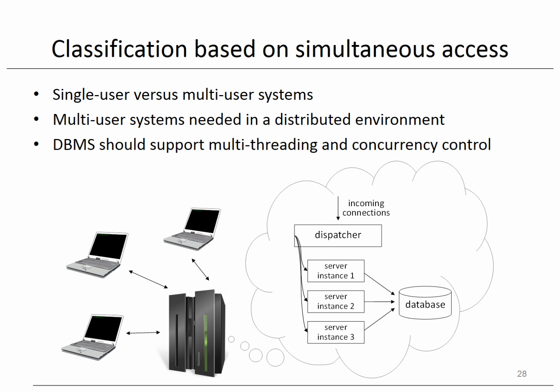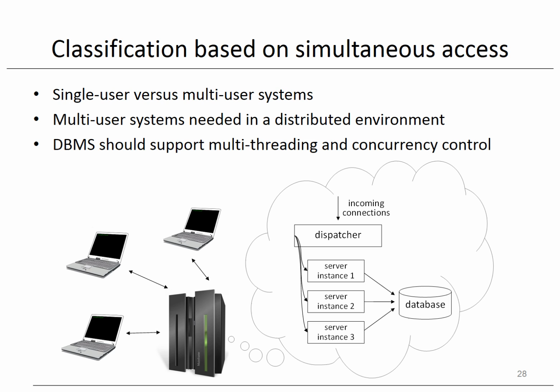DBMSs can also be categorized based upon the degree of simultaneous access. In a single user system, only one user at a time is allowed to work with the DBMS. Obviously, this is not that desirable in a networked environment. Multi-user systems allow multiple users to simultaneously interact with the database in a distributed environment.